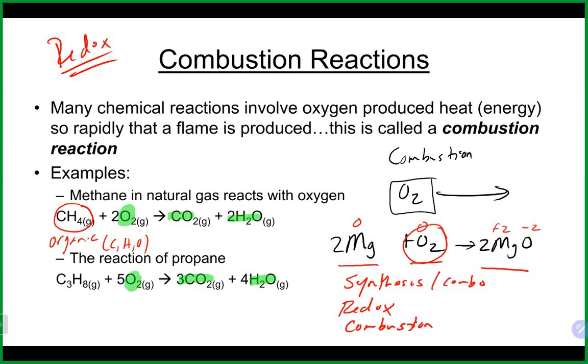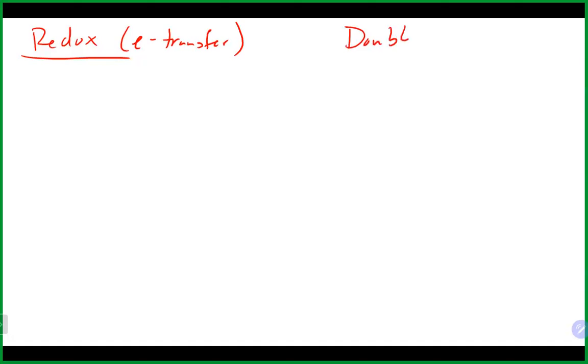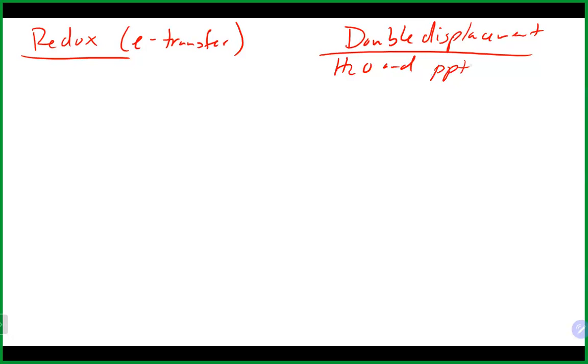So to summarize what we talked about here in terms of our classifications, we have our redox, which is our big electron transfer type classification. We have our double displacement reactions, which takes care of both water and a precipitate being made.